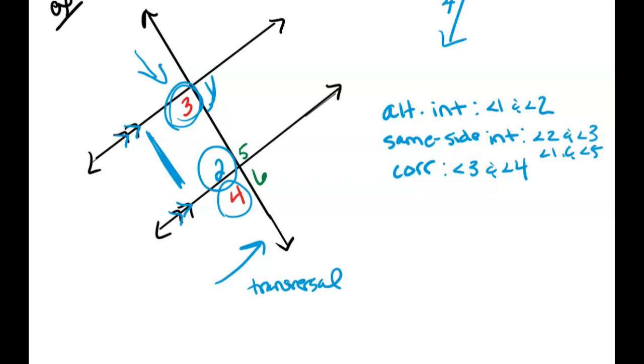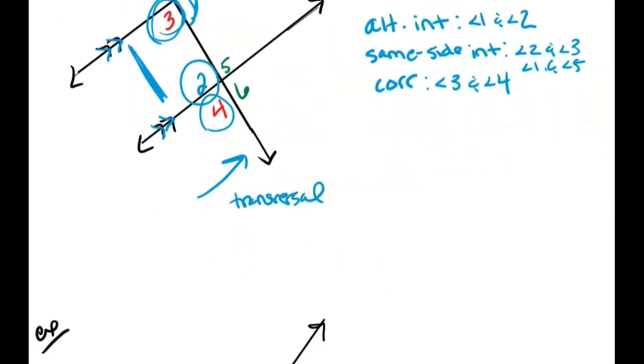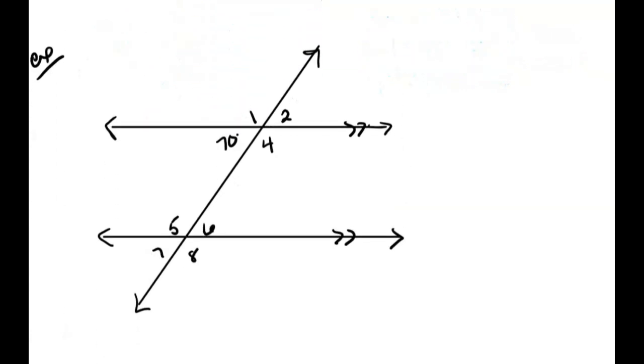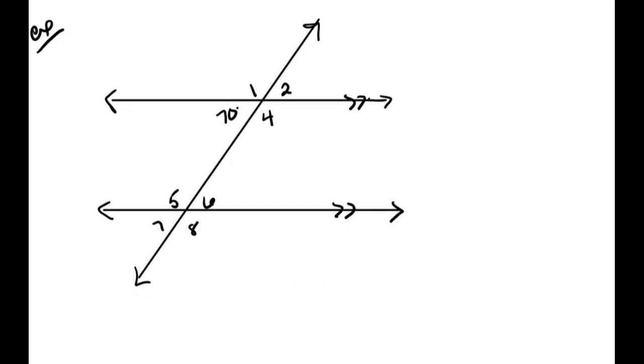Okay, so once you feel comfortable being able to name what the relationship is, then we get to apply our knowledge. Believe it or not, in a picture like this, if you know just 1 degree measure, right here, 70 degrees, we can actually find the measure of all of the other angles because of these relationships and because of what we learned previously.